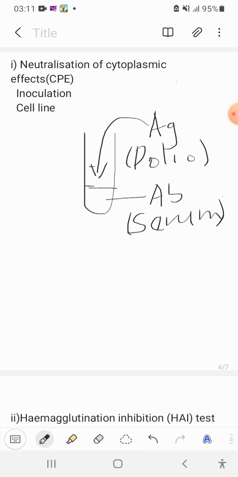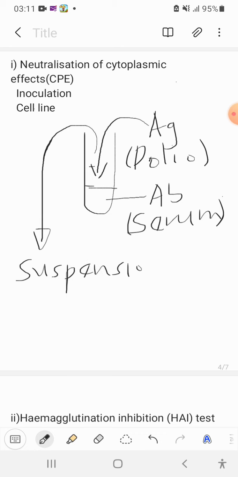Then incubate. All this reaction will be incubated. After incubation, you'll take out the suspension of the virus, and inoculate it in the cell line.